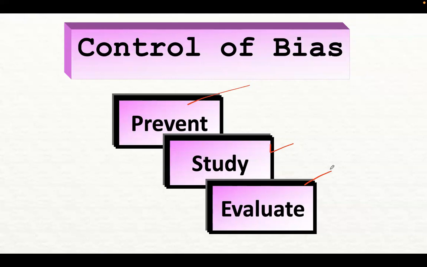Again, it cannot be totally eliminated. The aim, therefore, must be to keep it at a minimal level. There may still be bias, but the chances of encountering it are very small. We must identify those biases that cannot be avoided, assess their potential impact, and take this into account when interpreting the results.